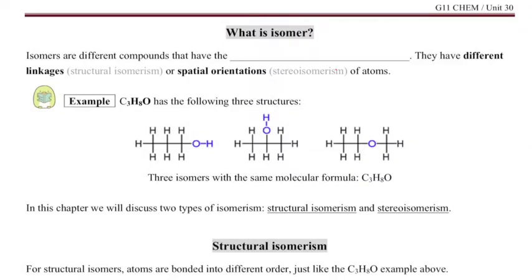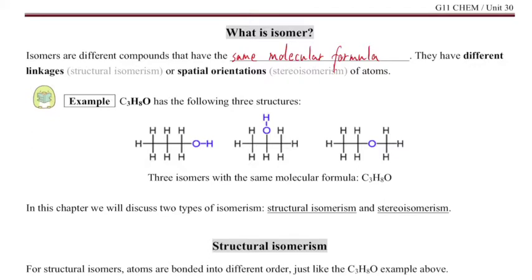What is an isomer? Isomers are different compounds that have the same molecular formula, but they have different linkages of atoms or spatial orientations of atoms. Here we have an example.